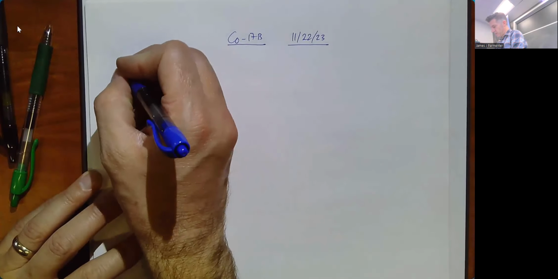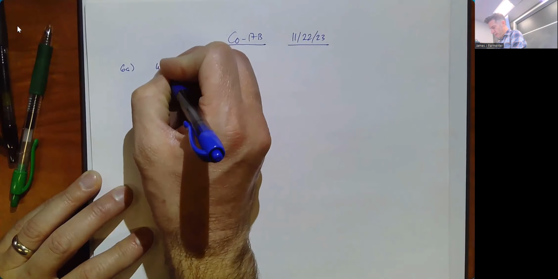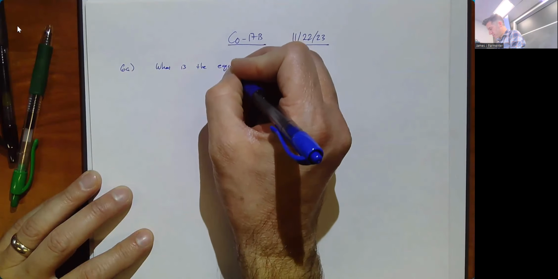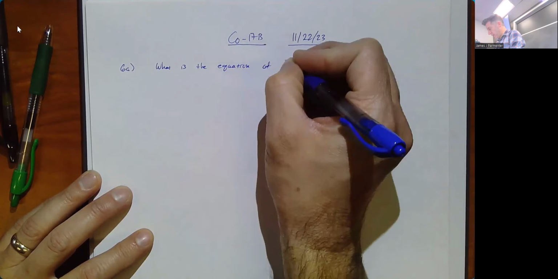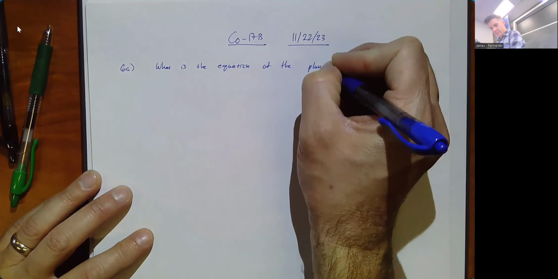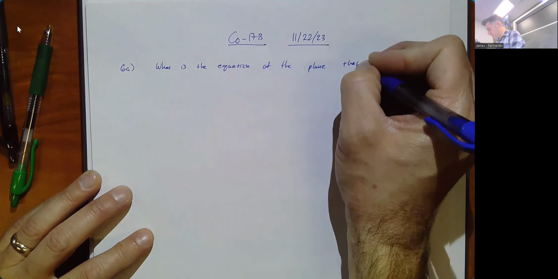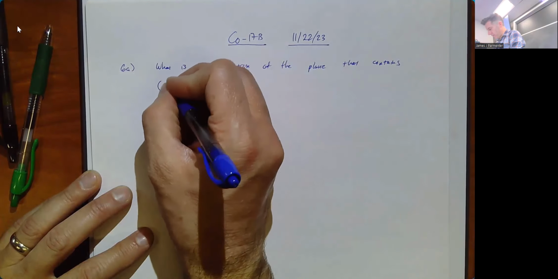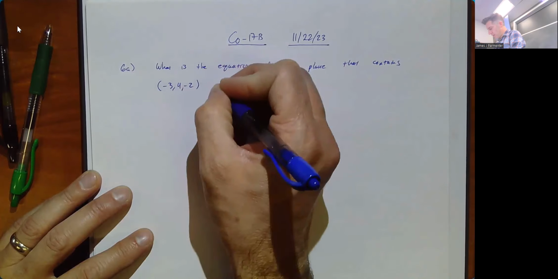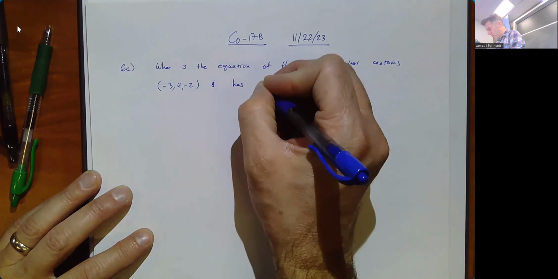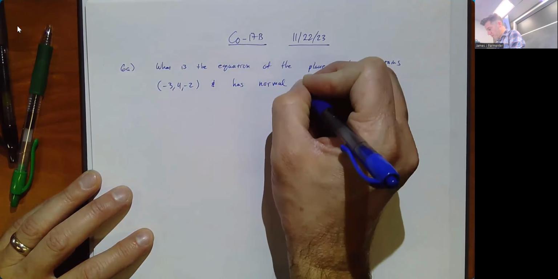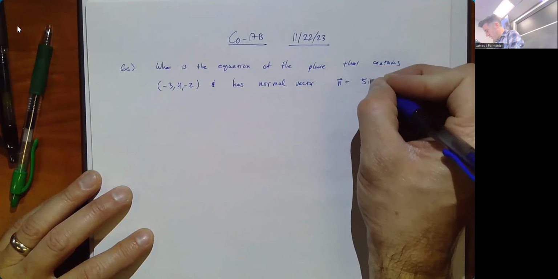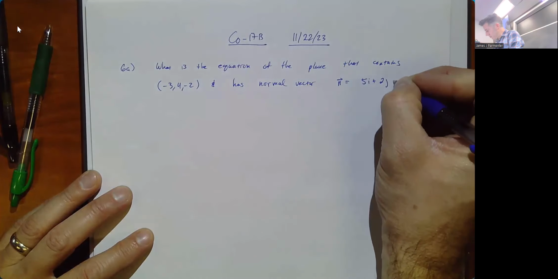So here's question 6a. What is the equation of the plane that contains the point -3, 4, -2, and has normal vector n equal to 5i plus 2j minus 3k?